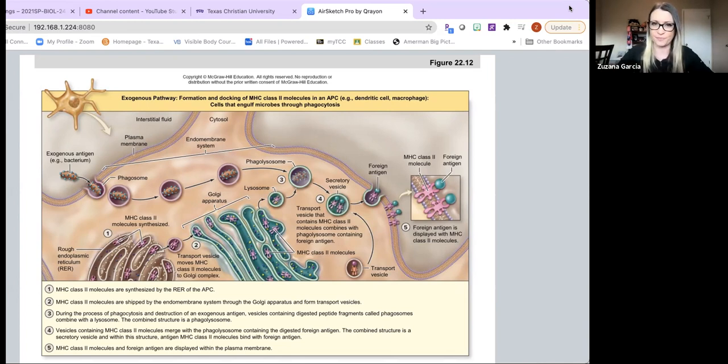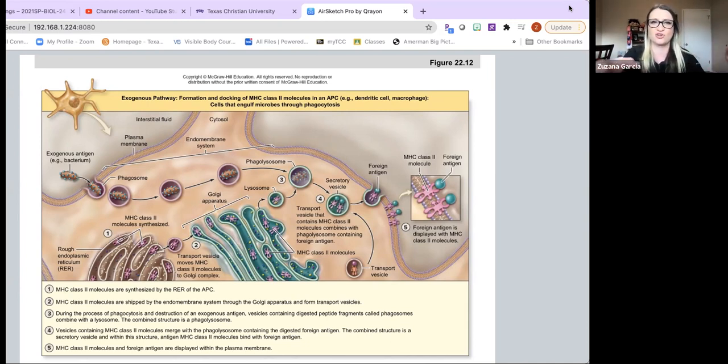and break it down. In the process of breakdown, you're going to see that the MHC class 2 molecules will start picking up those pieces of that broken down pathogen. Now, in this case, this doesn't happen in the rough endoplasmic reticulum like we saw in the MHC1 case.